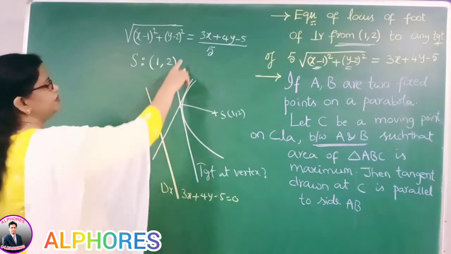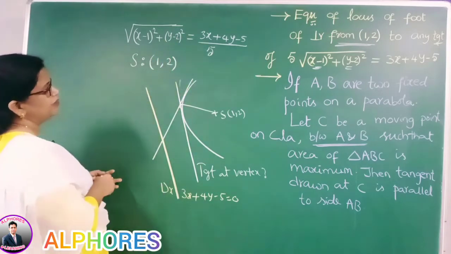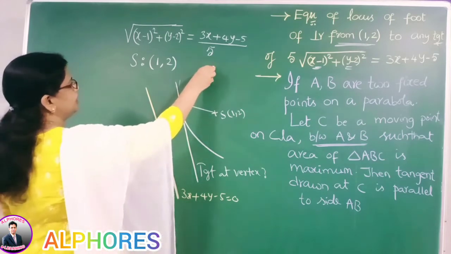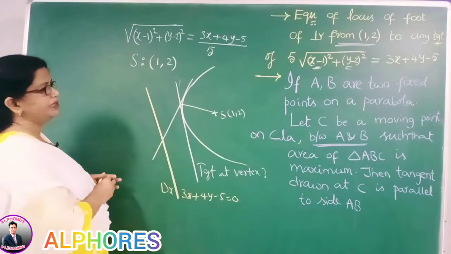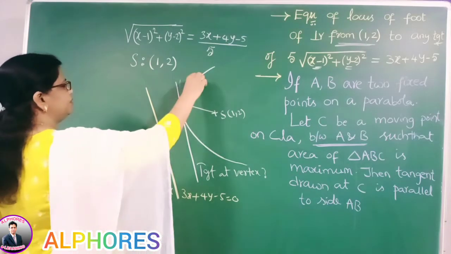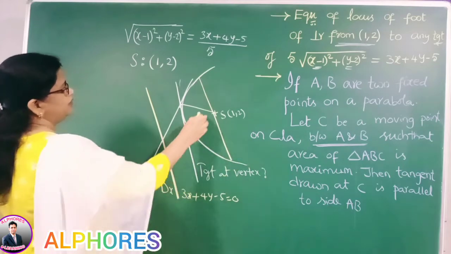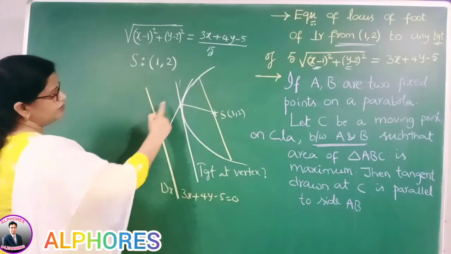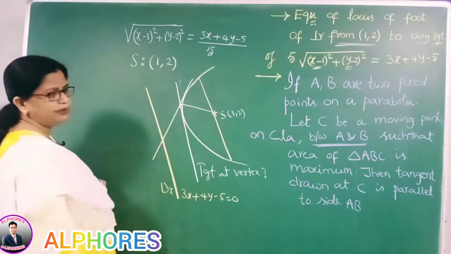And next, what about the latus rectum of this parabola? Of course all of you remember what the latus rectum is. It is a chord perpendicular to the axis and passing through the focus. Therefore, students, this is exactly our latus rectum. And it is parallel to the directrix and passing through the focus.